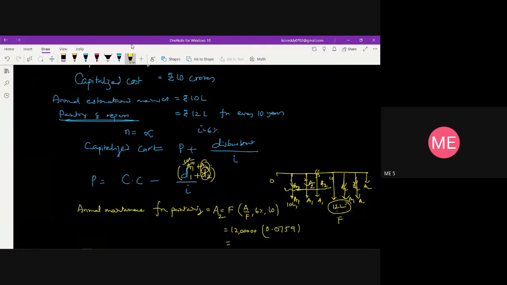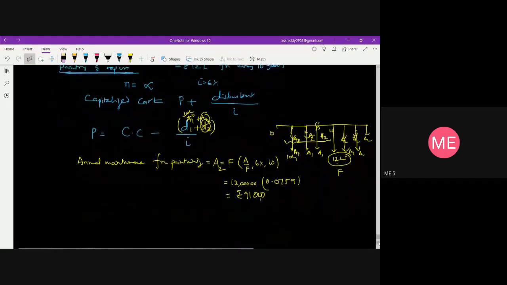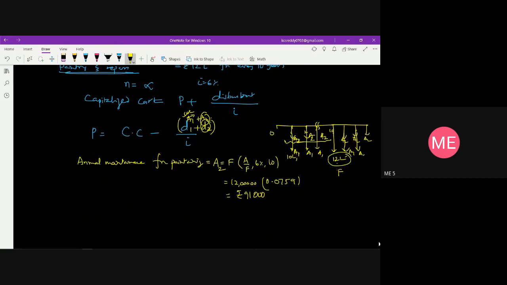If I calculate this value, it is around rupees 91,000. So in addition to the 10 lakhs estimated operating cost, the painting cost in annual terms will become 91,000.